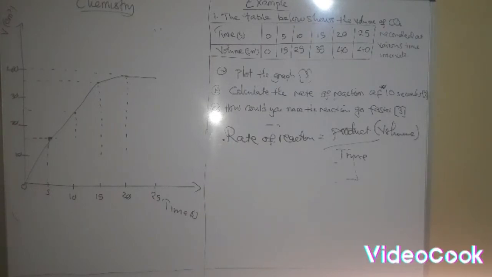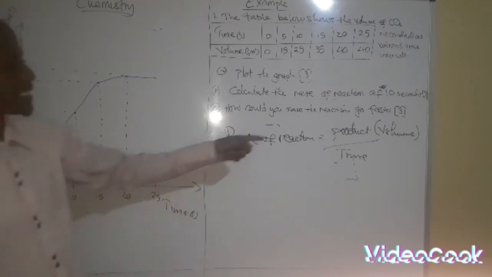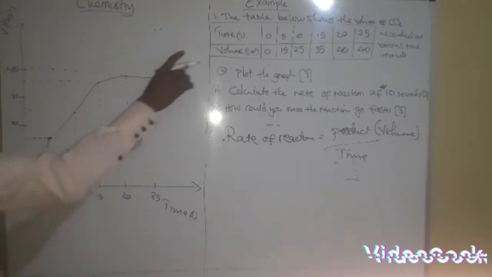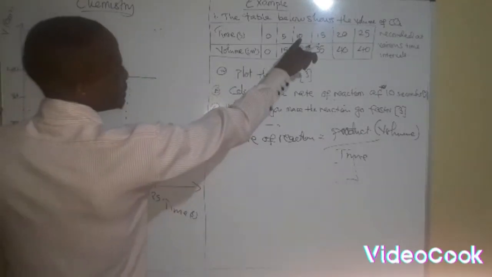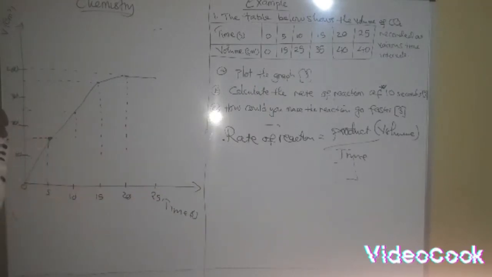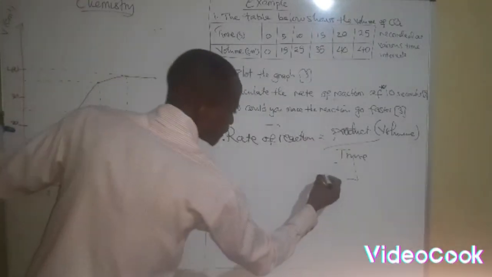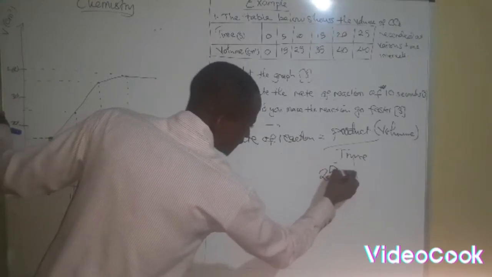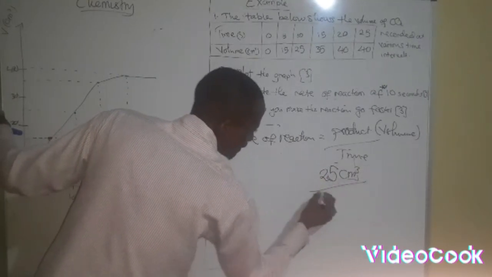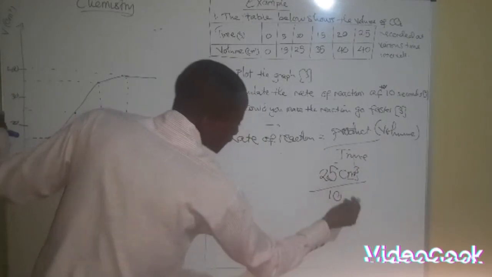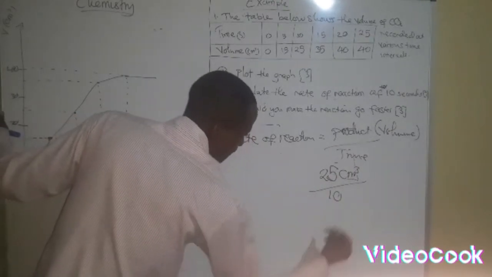Now the question is, what was the rate of reaction after 10 seconds? So you go on the graph or in the table perhaps, after 10 seconds, what was the volume? The volume was 25. So the volume is 25 centimeters cubed over the time taken, which is 10, the time given in seconds there.